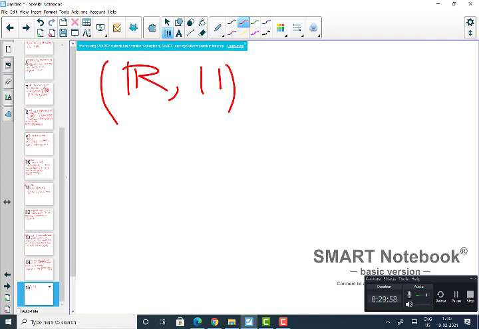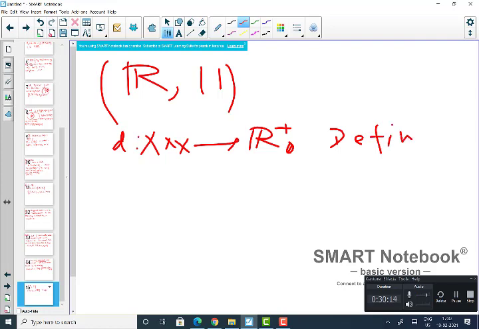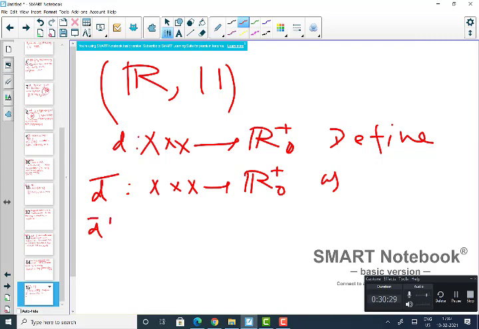So maybe, you have a given metric d on X, and then you define a new metric, say d bar, a bounded one, from X cross X defined as follows.